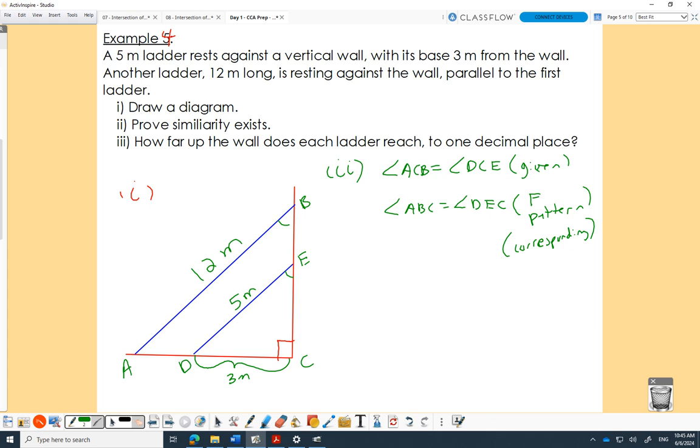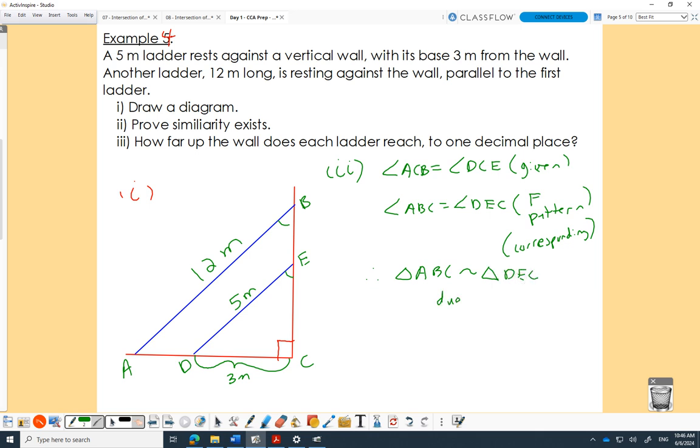I'm just trying to tell you, F pattern will be fine moving forward. Yes? Well, maybe using the full word correspondence in grade 10, maybe. But not with this guy as your grade 10 teacher, because you can see I'm sort of going, we'll just use the word F pattern. Yes? Okay.